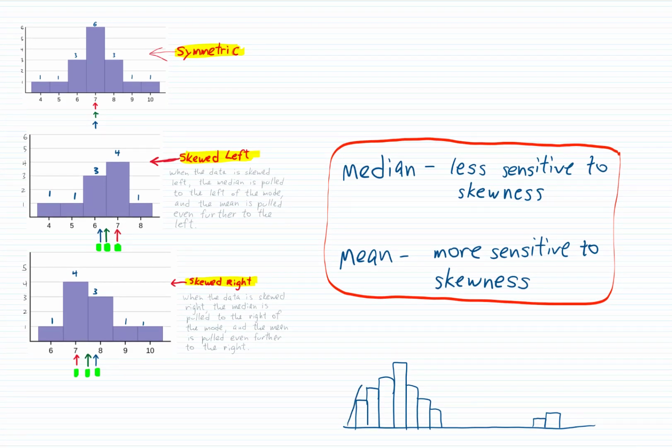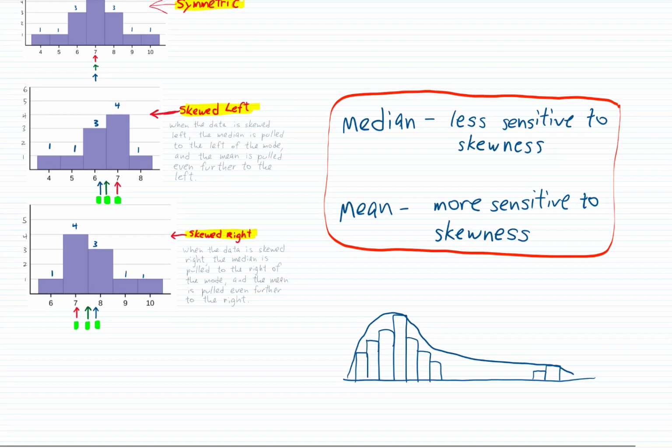It skews the data really far to the right. So your median, let's do median in green. Your median is going to be something like here. And your mean, which we'll do in blue, is going to be pulled way over here.